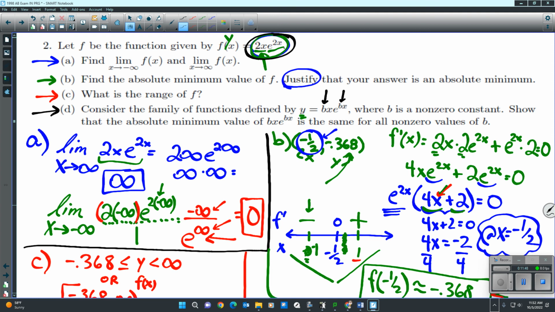Show that the absolute minimum value of bx e to the bx is the same no matter what b is, for all non-zero values of b. This is going to require some algebra, but that's what we're here for.